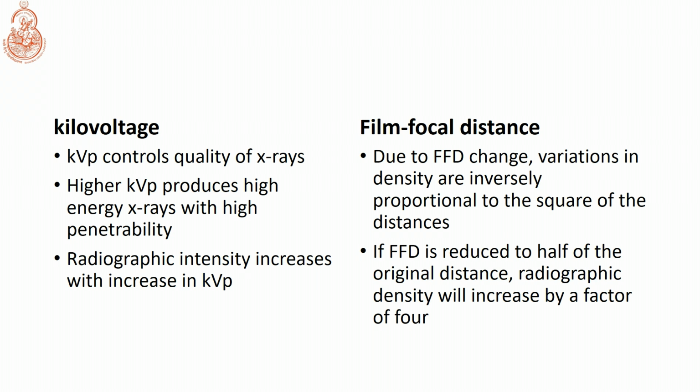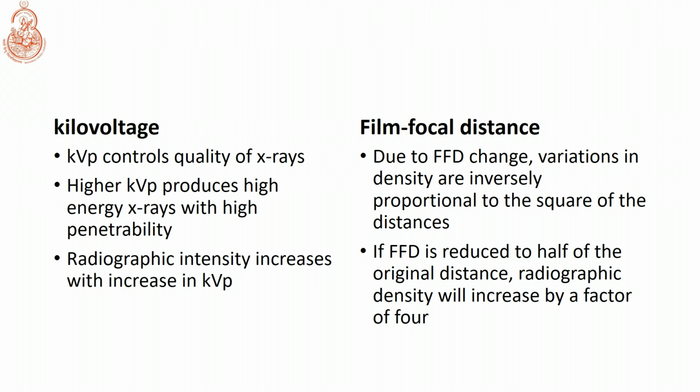The next one is kilovoltage. Kilovoltage controls the quality of the X-rays. A higher kilovoltage produces high energy X-rays with high penetrability, and radiographic density increases with increase in kilovoltage, which means that when I have a higher kilovoltage setting on my machine, I'm going to produce high quality X-ray photons with high energy.